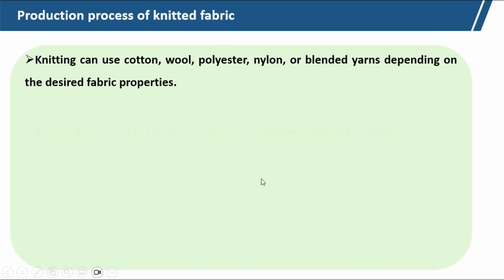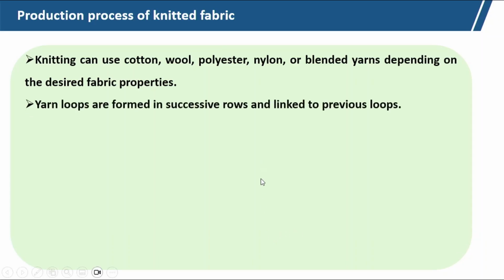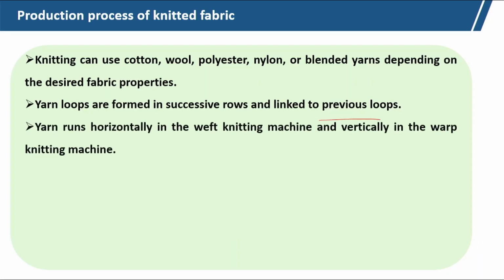Yarn loops are formed in successive rows and linked to the previous loops, as I have shown. So, successive rows of loops are there, and the yarn runs horizontally in the weft knitting machine and vertically in the warp knitting machine.